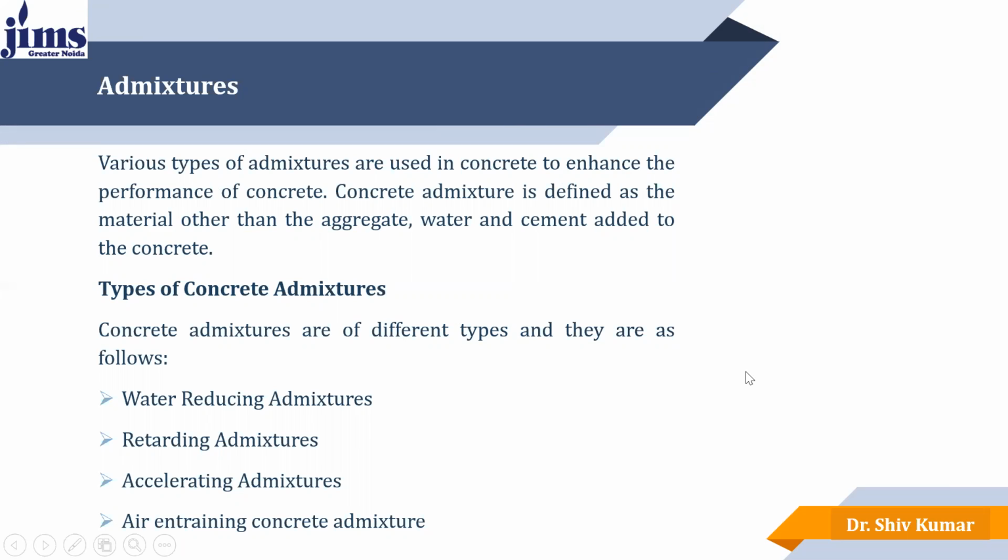First one is the water reducing admixtures. By adding water reducing admixtures, we can reduce the water cement ratio and get high workability. Then retarding admixtures, accelerating admixtures, air entraining concrete admixtures.